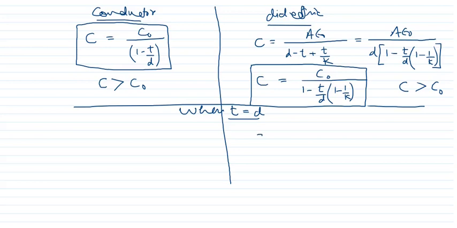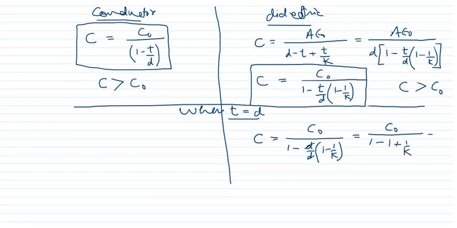It becomes C naught upon 1 minus D upon D into 1 minus 1 upon K. The D will be cancelled out, it will be 1 minus 1 plus 1 upon K, and the 1s cancel out, giving K C naught.